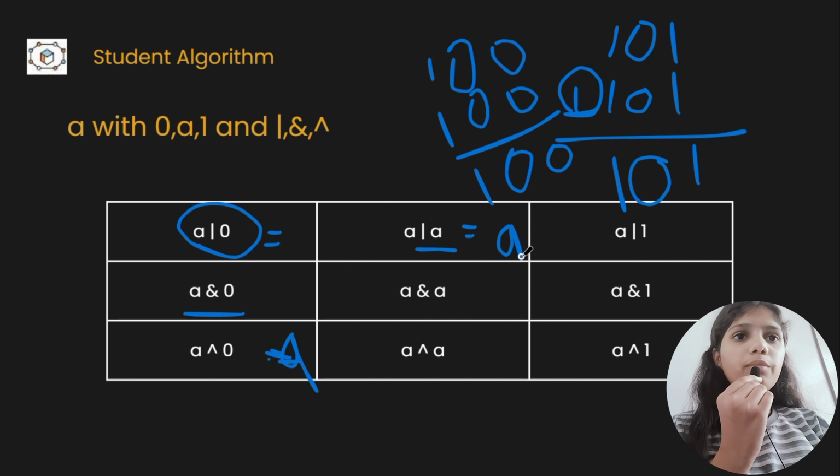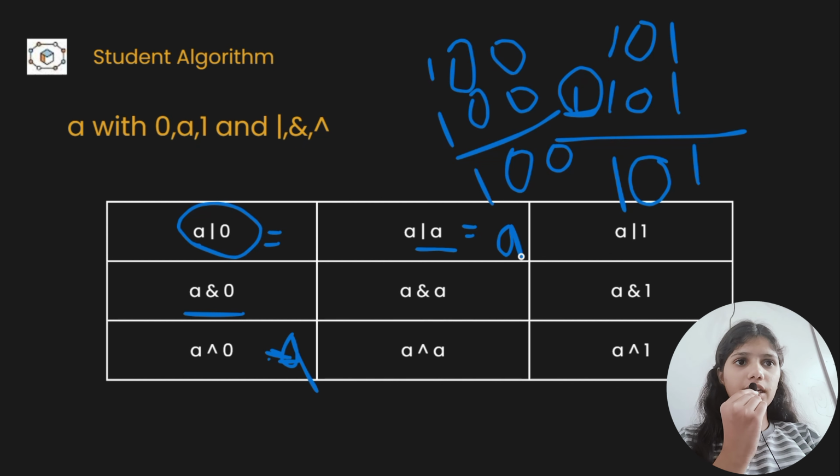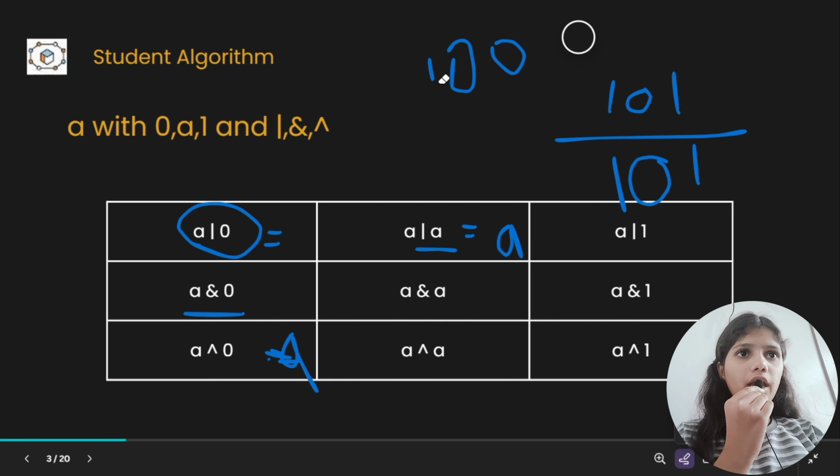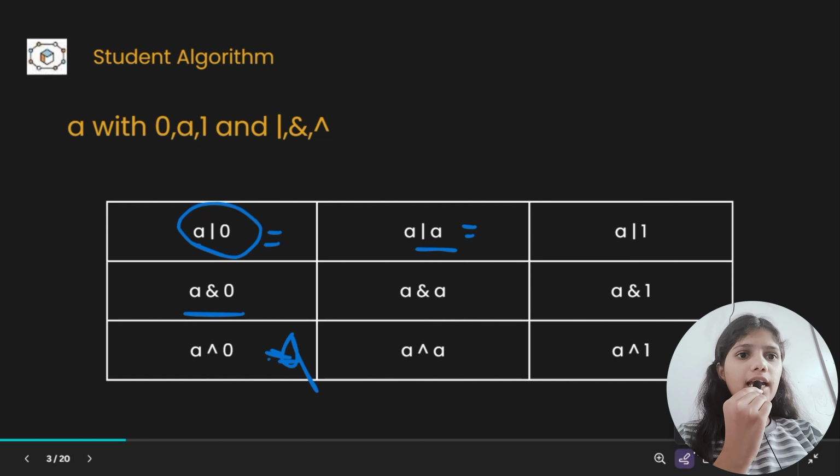Got it? When we perform the OR operation of a variable with itself, that results in A, right? Now let's move to the other one, A AND A. What exactly happens? Let's consider 5 again.